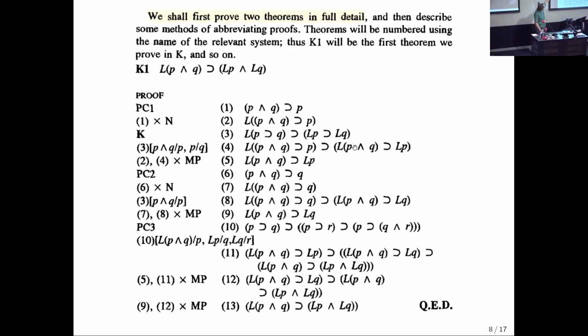I don't know if you can see the top line because it's covered by that box, but what it says is we shall prove two theorems in full detail. That's kind of important. They don't view this as some sort of abbreviation that could be spelled out into a formal proof. It says we can prove things in full detail. And if you look at this proof, the first line is just an axiom, and this line here, PC2, is just an axiom.